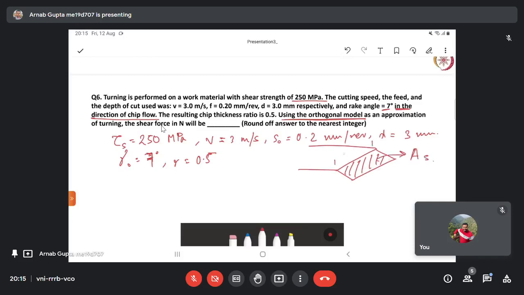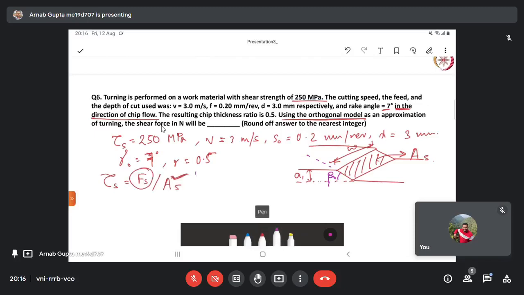So this is W. This is uncut chip thickness A1. And this little angle here is beta naught, or the shear angle. All you have to find out is AS, right? Because we know that tau s equals Fs by AS. You are being asked Fs. All you have to calculate is AS.